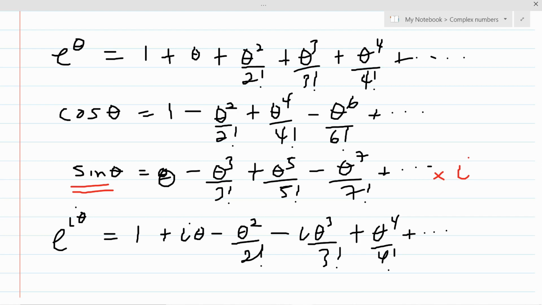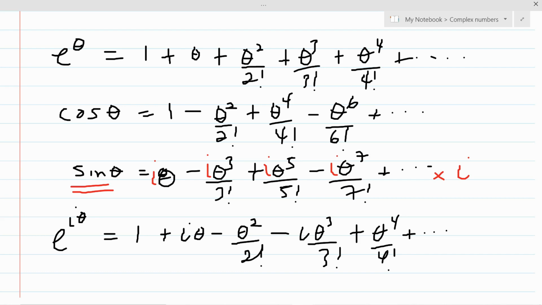Let's check and see. If I multiply the whole of this equation by i, then this theta side will be i theta. This will be minus i, and this will be plus i, minus i to the power 7. Let's continue this to the fifth one, and you understand, okay? If I continue to the fifth one, it will be like this side.